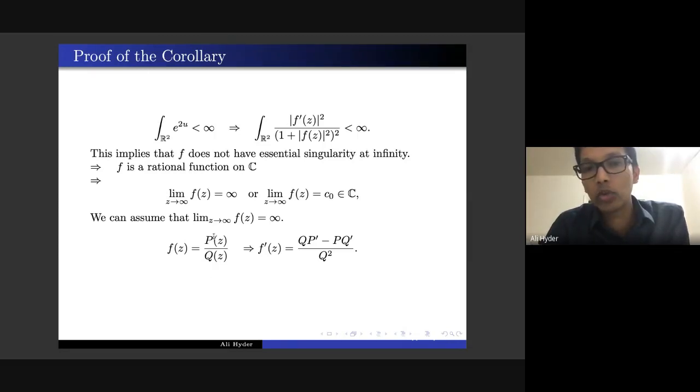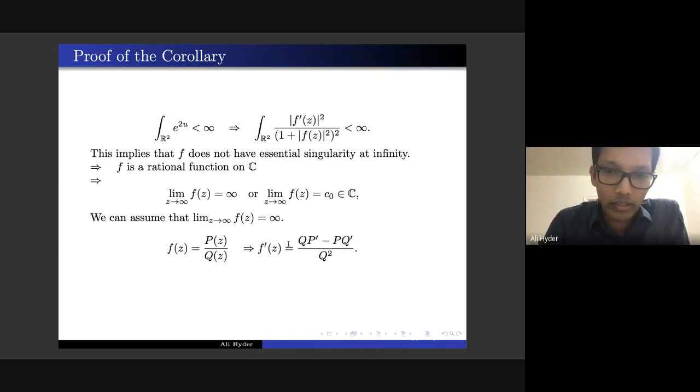So basically, the zeros of the two polynomials are different. And so the derivative is q p prime minus p q prime over q squared. As I mentioned before, at the regular points, f prime cannot vanish.